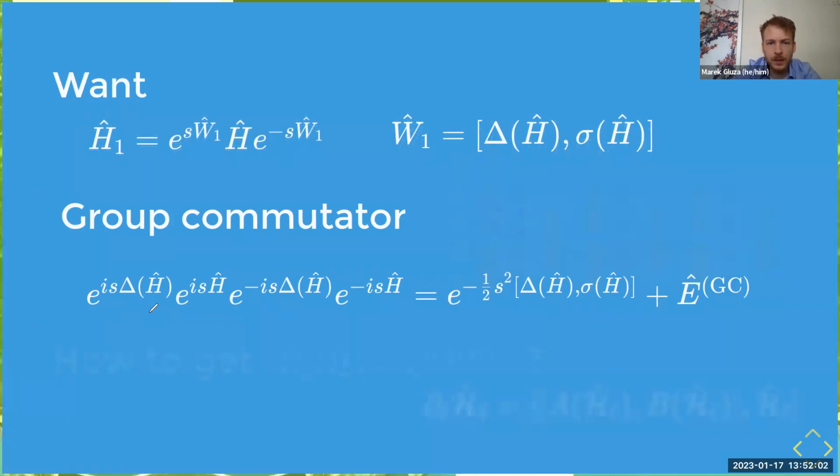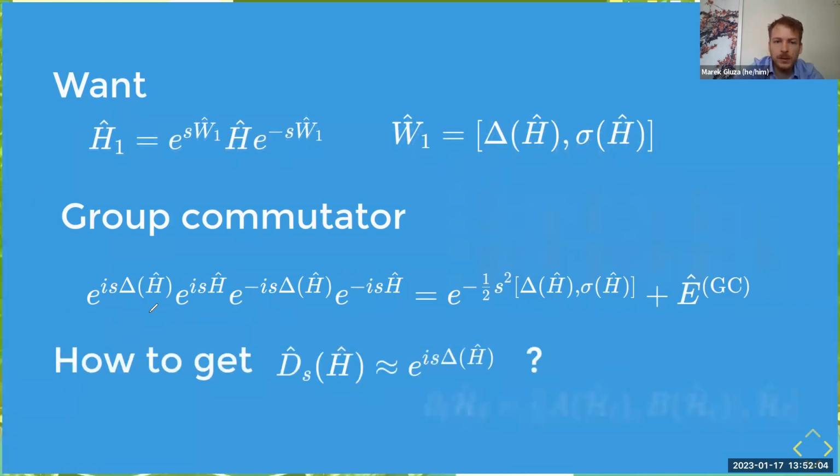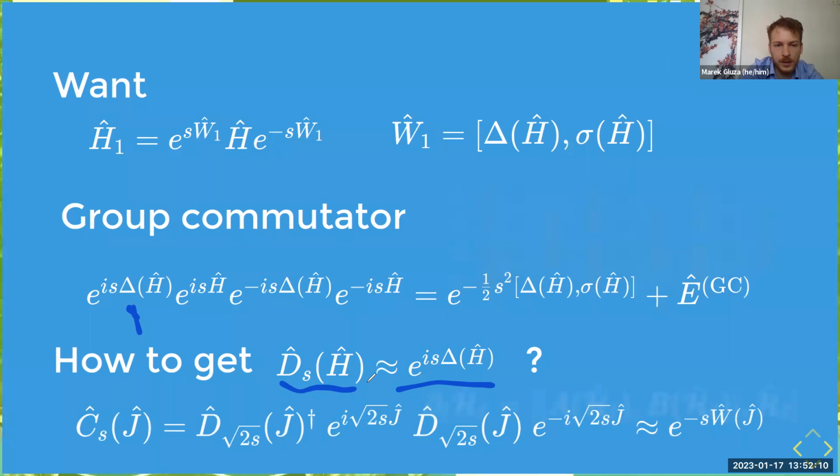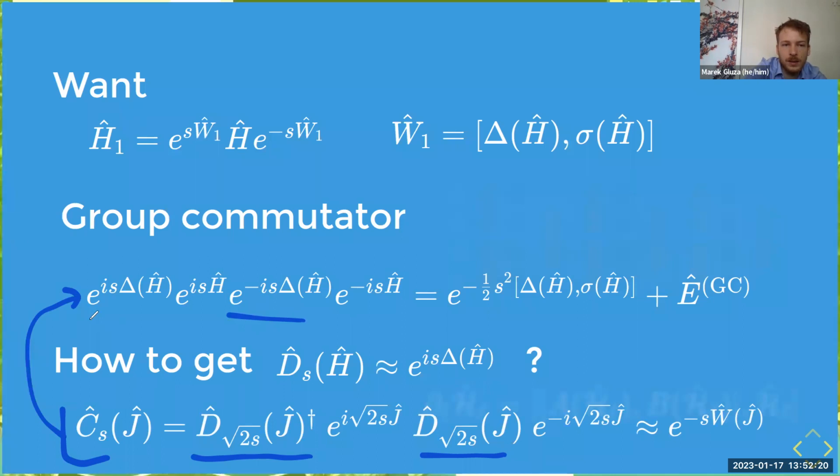All right. So now we want to insert this here, but we will actually be approximating it here. So actually in my quantum algorithm, I will be using an approximation to the group commutator using this approximation to the dephasing. So that one goes here, that one goes here. There's a dagger.